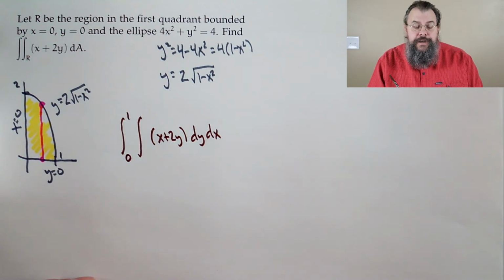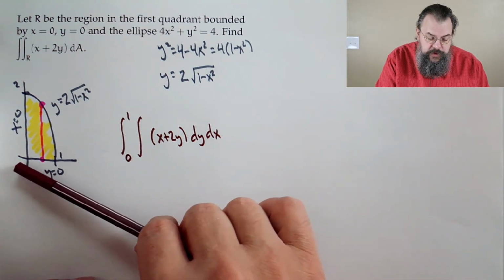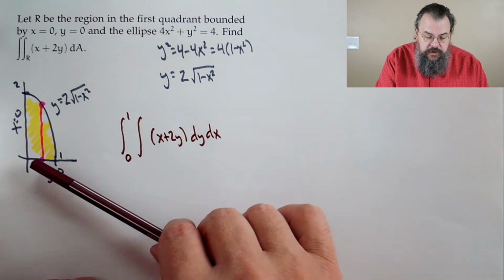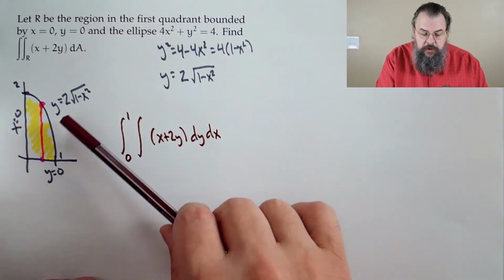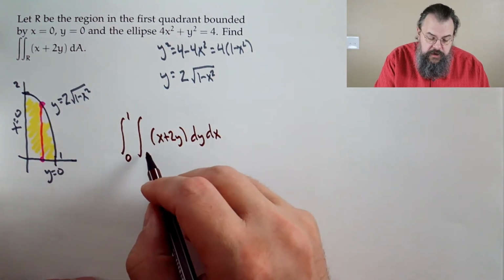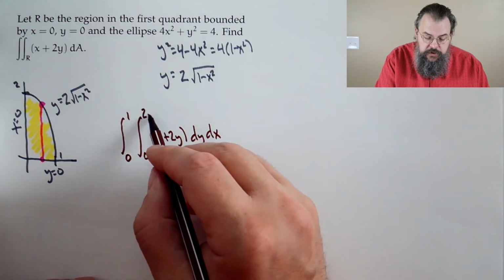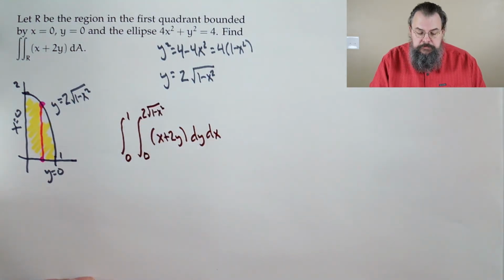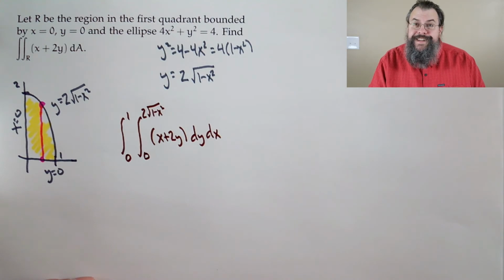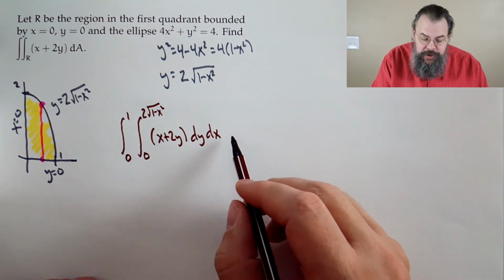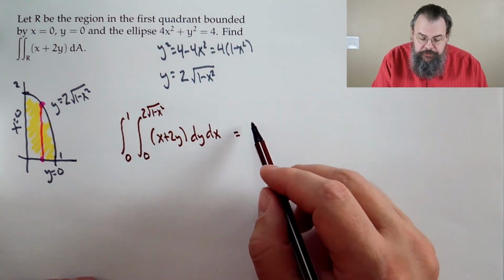How about y? Well, we're going to go from this bottom curve, y equals 0, to this top curve, y equals 2 square root of 1 minus x squared. So when we integrate, what does this become?